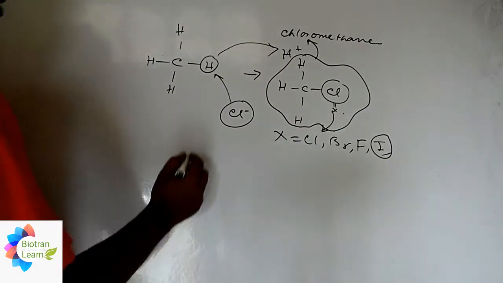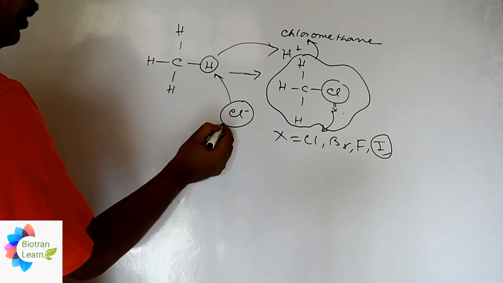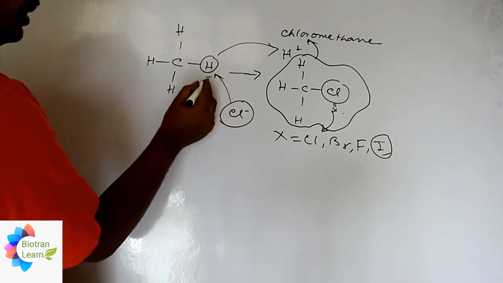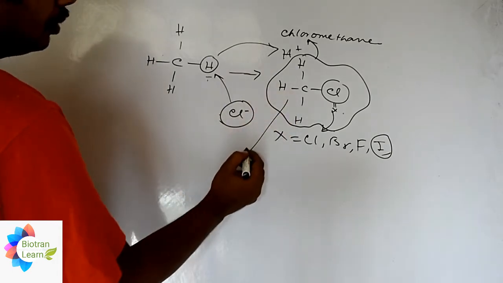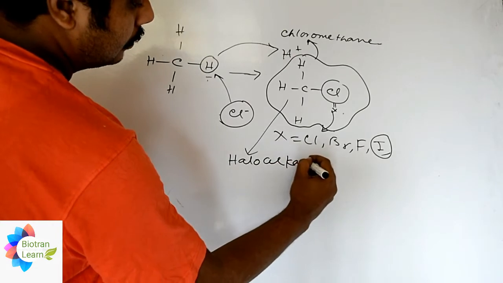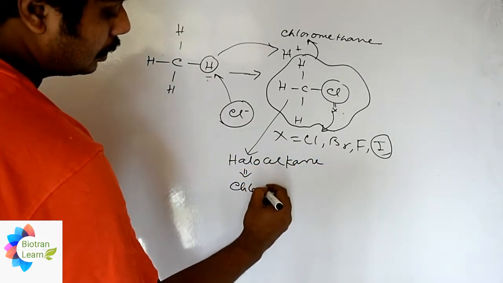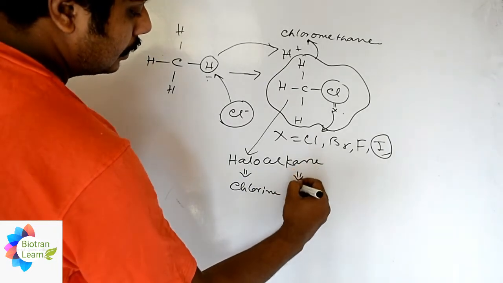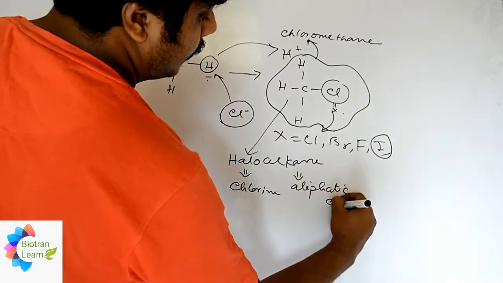So what will we have if we combine a halogen group? If we insert a halogen group in a particular alkane, it will form a structure known as haloalkane. So halo comes from the halogen portion and alkane is due to the aliphatic chain.